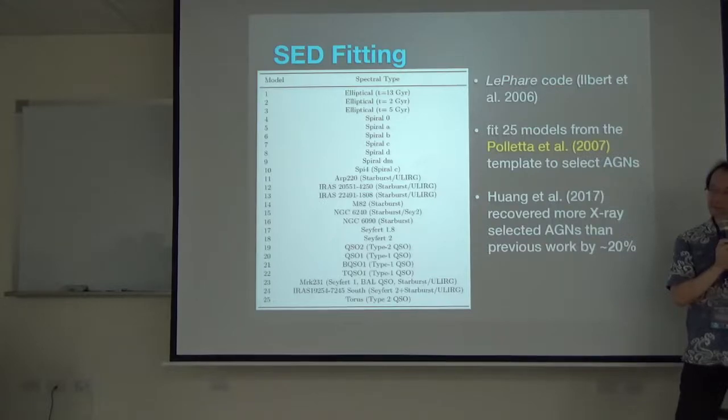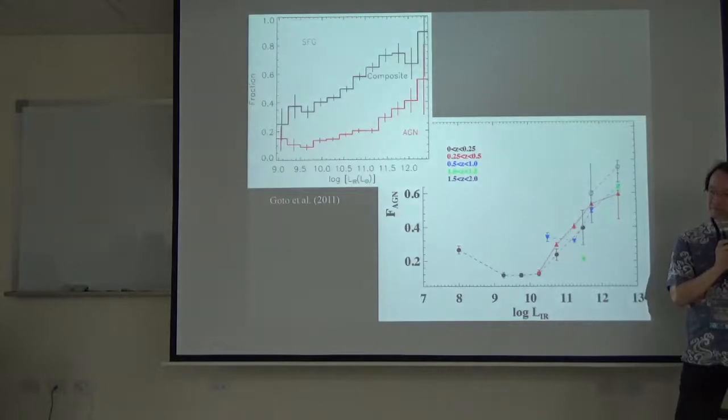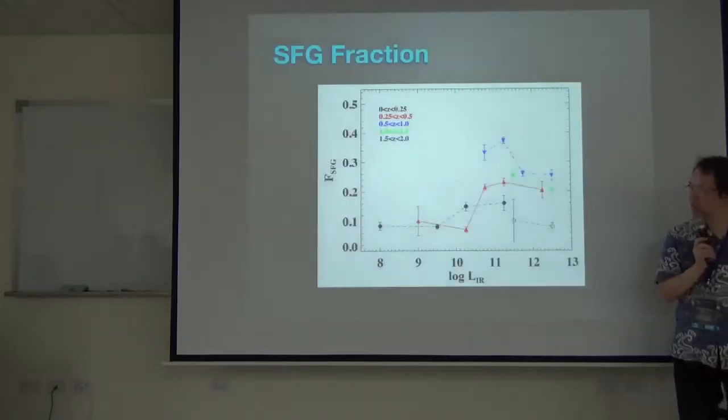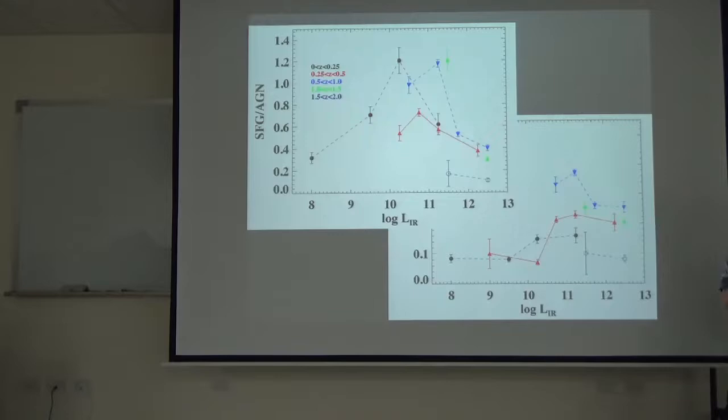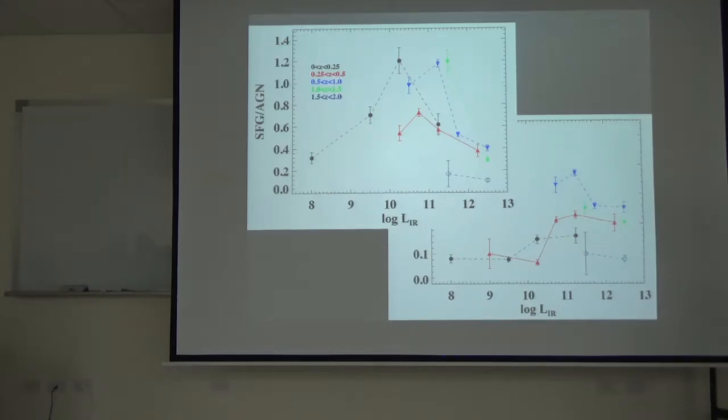Just a caution: when she plotted the ratio, other types of galaxies are excluded here. It's not the total. Yes, this ratio is between star-forming galaxies and AGN, because this figure includes all classes of galaxies. So if we want to check whether the number of star-forming galaxies is really decreasing, that needs to be considered.